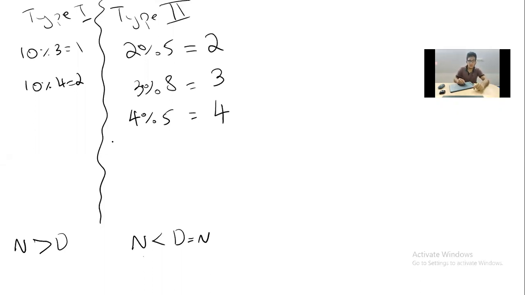So if someone asks what is 152 modulus 10245678, the answer is very simple. The numerator is smaller than the denominator, so the answer is the numerator only, that is 152.